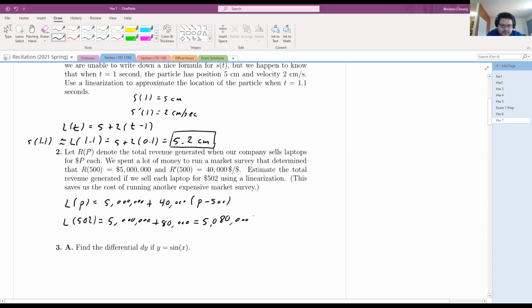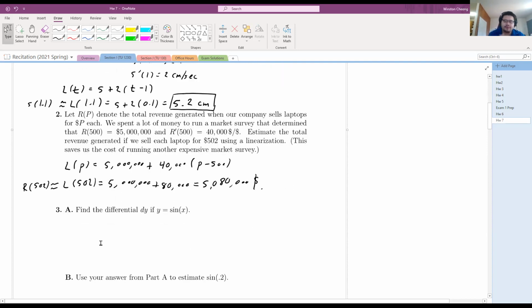And this is in dollars. That's the estimated total revenue, right? And yeah, maybe it's a better thing to somewhere say that this L of 502 is approximating the revenue at 502. The whole point behind why we're doing linearization in the first place.